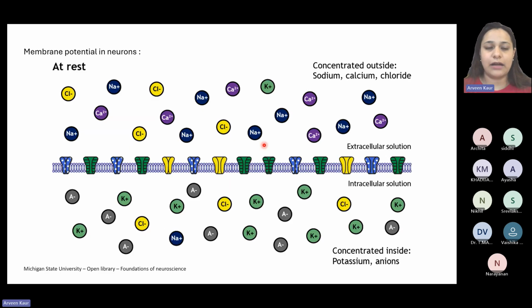So, at rest, what does the membrane potential look like in neurons, right? Again, this is the outside, wherein sodium, calcium, and chloride are more concentrated, and this is the inside of the cell, wherein potassium along with other anions, or negatively charged ions, are more concentrated, right? So this is how it looks.